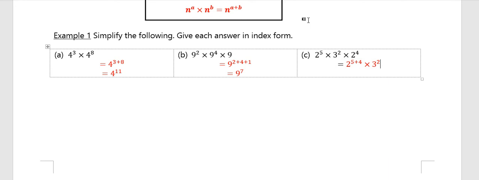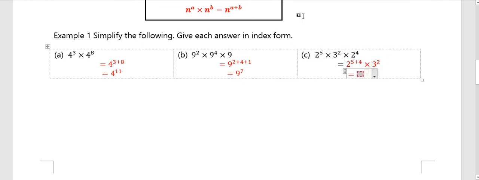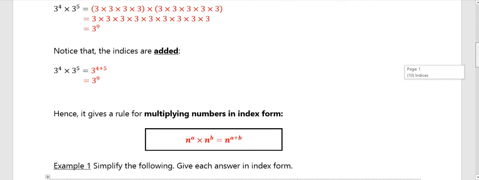It's a different base. Now your final answer will be 2 power 9 times 3 squared, right? Okay, that's for multiplication of numbers in index form, right?